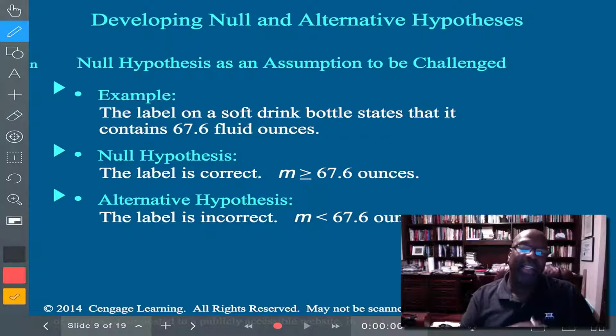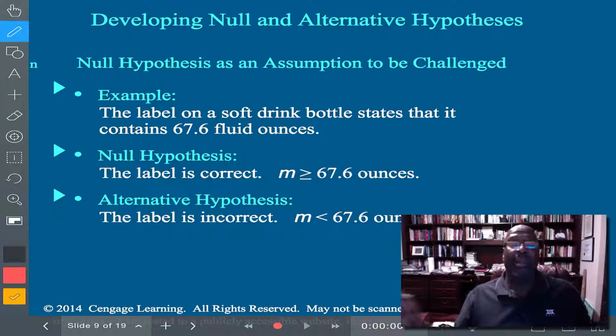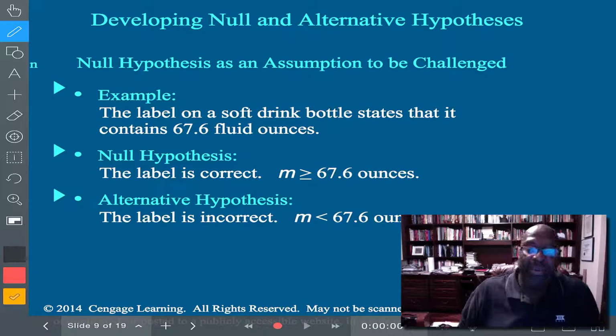So now let's start getting into putting numbers on things, all right? So as an example, a label on a soft drink bottle states that it contains 67.6 fluid ounces, right? That's the claim. Null hypothesis in that case would be that is correct. But what if we want to prove that actually there's less than that in the drink?